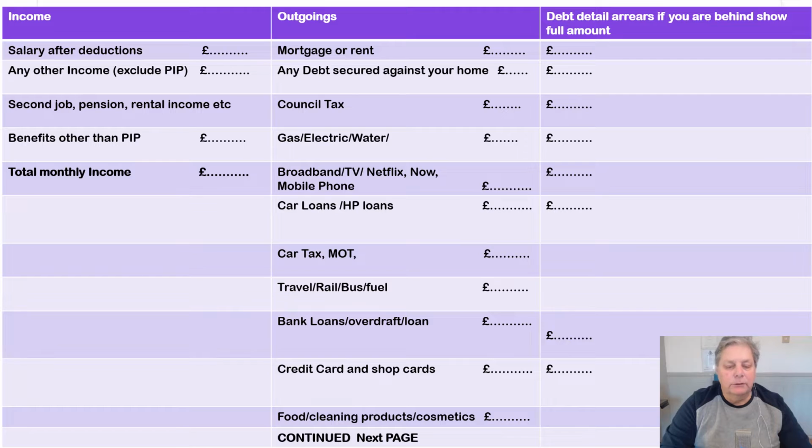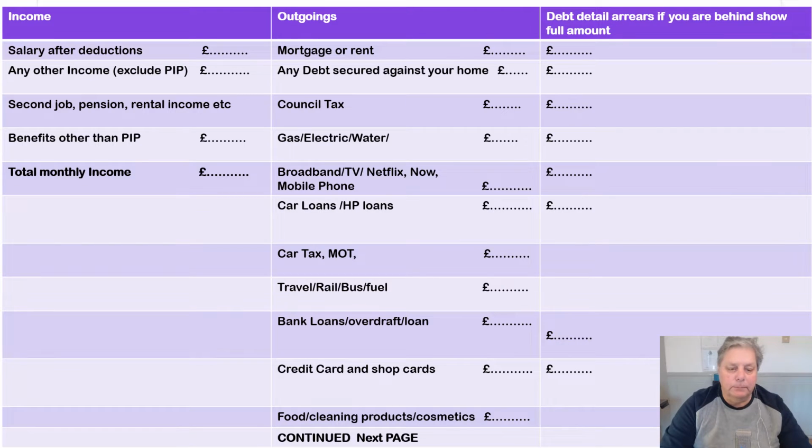I've set up two slides. This first slide has incomes on the left, outgoings in the middle, and other debt in lump sums on the right. You will see I've included salary and any other incomes, but I've excluded PIP, personal independence payments.